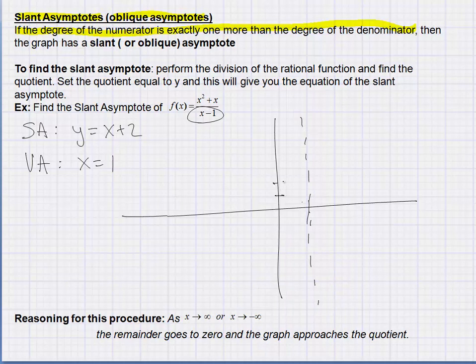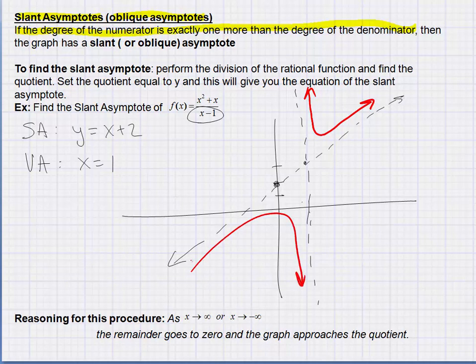So if I do a y-intercept of 2 and a slope of 1, so up 1 over 1, I get this line right here, and this is my slant asymptote. So what's going to happen is my graph, if I start plotting points and doing the things we were doing before, is going to do something like this.